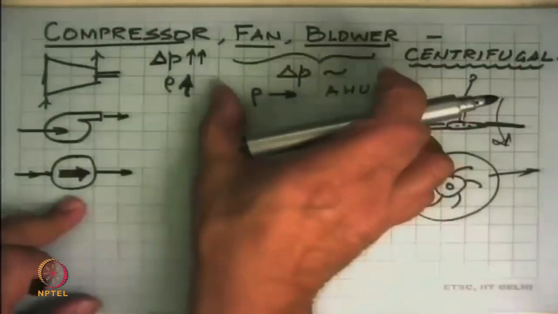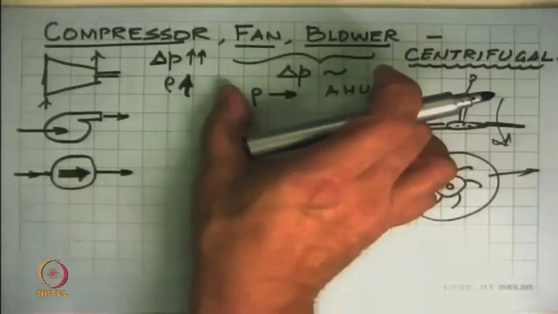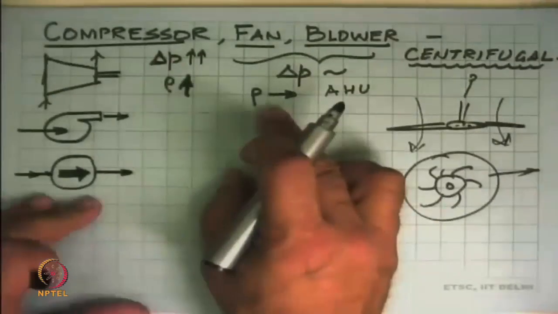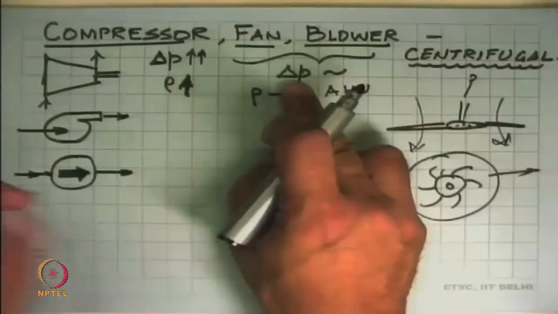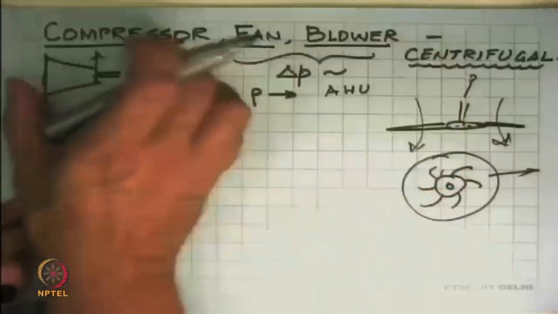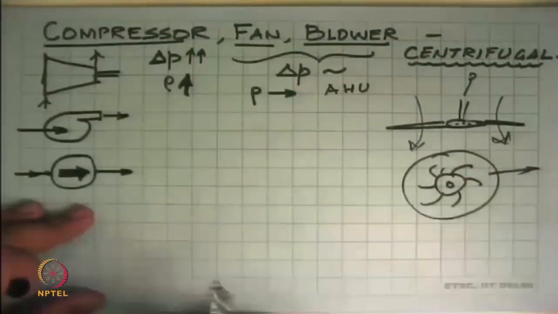So we can treat this as incompressible flow. We can treat the air density as not changing, even though it is air, and small changes in pressure are there. But here we cannot make that assumption. And the reason we say that density is constant is because delta P is very small. That's why we can say constant density or incompressible flow, whereas this would be treated as a compressible flow with pressure change.